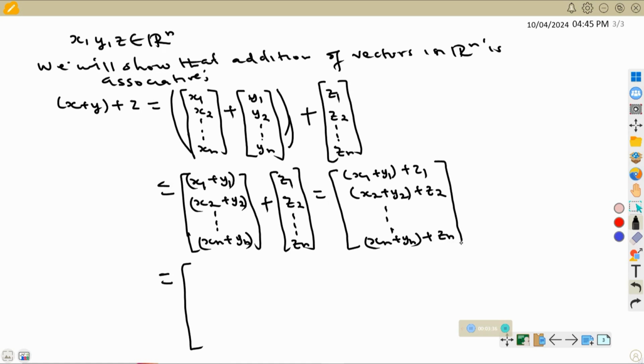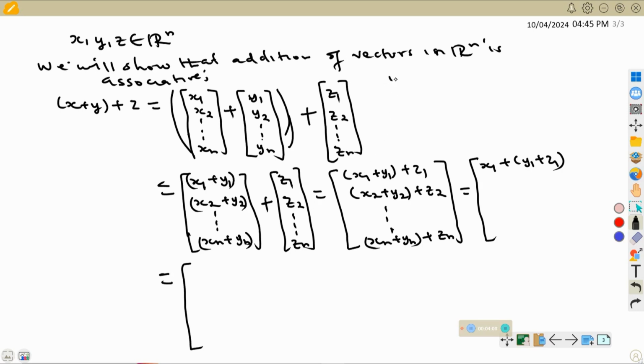We can do that. But still I can say that this is the same as having, if I'm adding this plus this again plus this, can we still say that this is the same as adding x1 together with y1 plus z1, since x, y, and z are what we call real numbers. So we are adding real numbers.